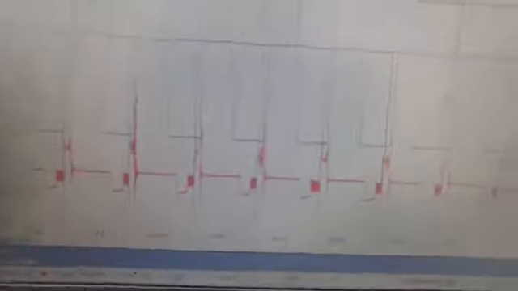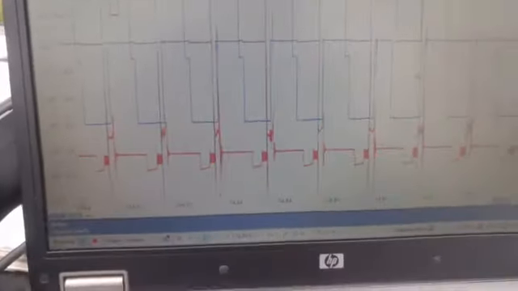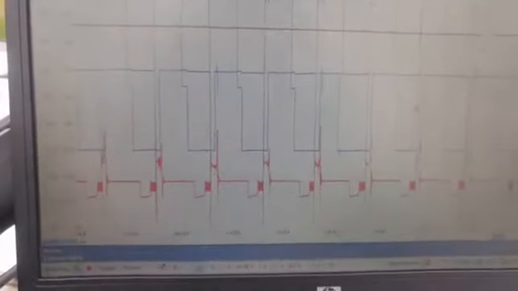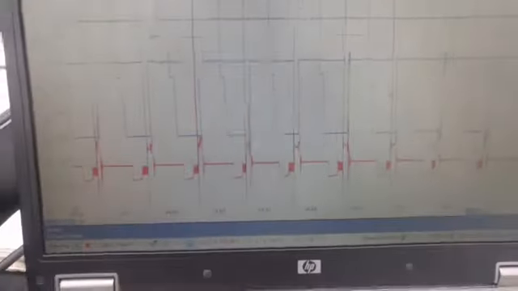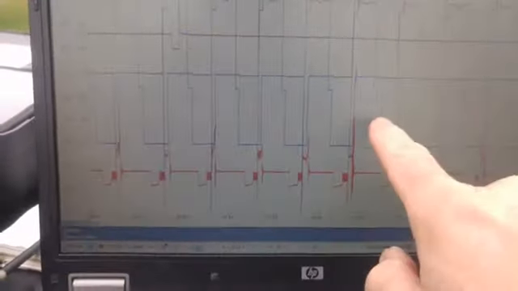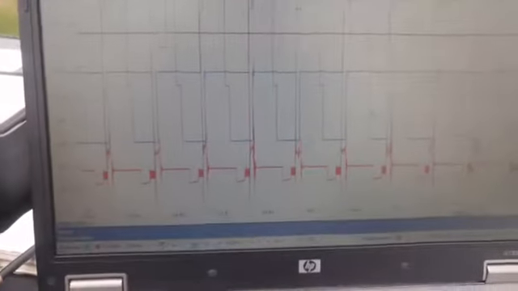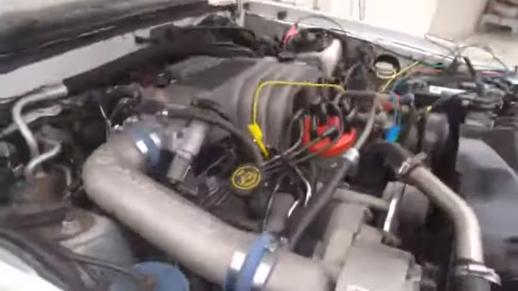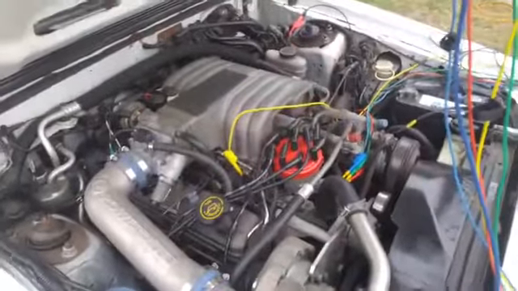The distributor has 8 PIP signals for every 1 revolution of the distributor, or 4 PIP signals for every 1 revolution of the crankshaft. So I'm watching the distributor spin around 1 time. Oh man, there it is too. It just stalled. That's the problem with the module that's intermittent, that keeps popping in and out.